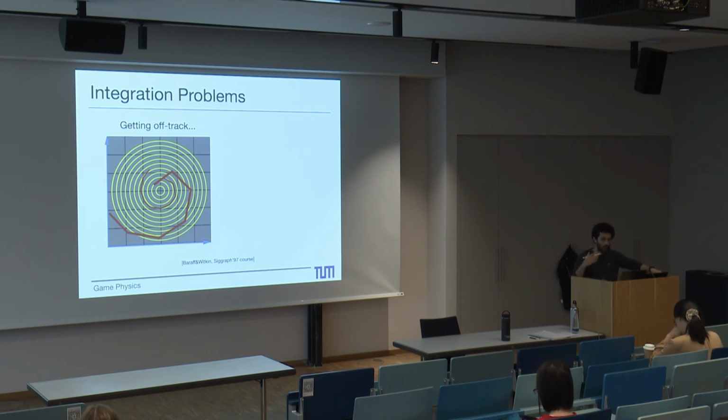But since we are discretizing our steps, our solution will inevitably move farther and farther away from the circle that we are considering. And as you can see, the bigger the step, the worse the approximation, and the faster our solution diverges from the true solution.